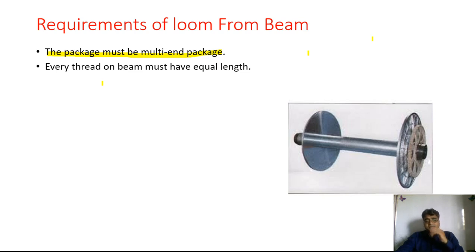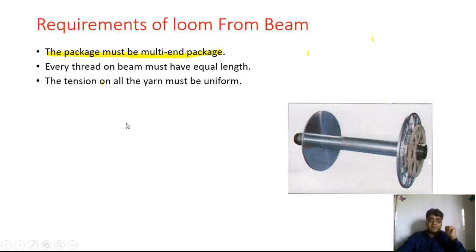So whatever yarn is there, the length of yarn must be equal. Requirement number one is that the package must be a multi-end package. Second, whatever yarns are there must be of equal length.